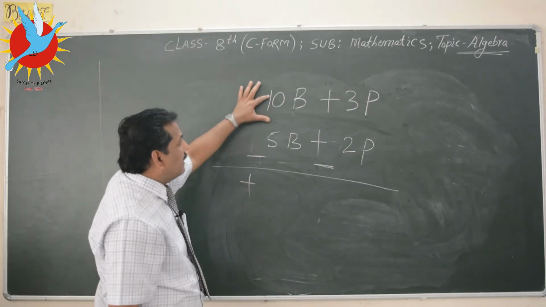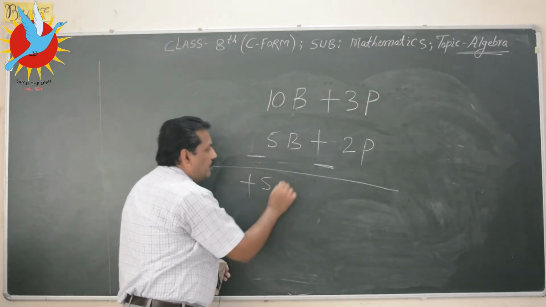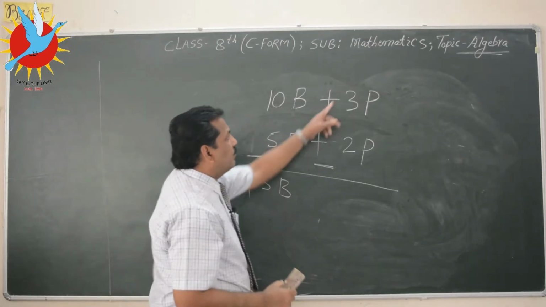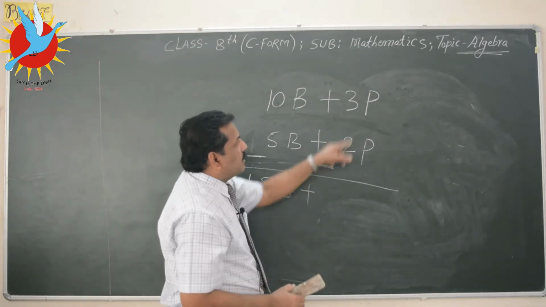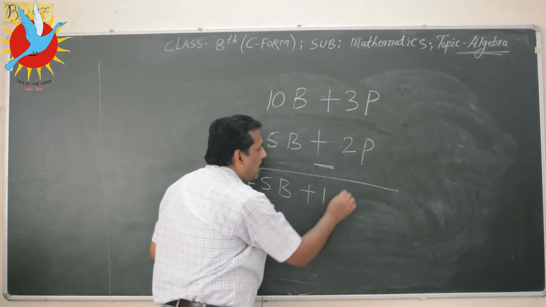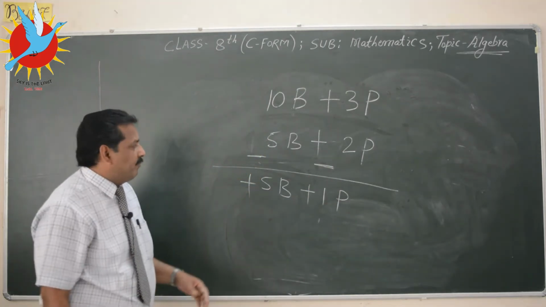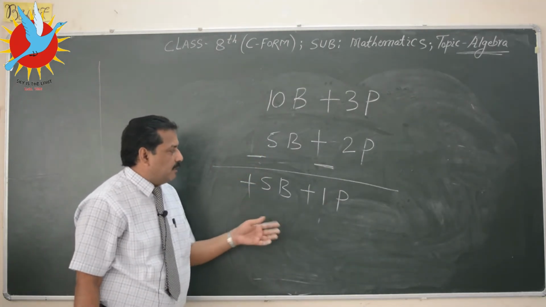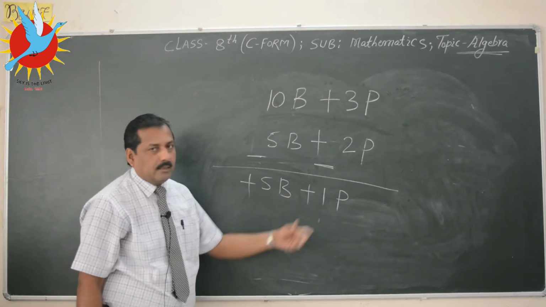And then the difference of these two numbers, that is 5, and that is book. What about this one? Sign of the greater again, this is plus, and the difference of 2 and 3 is 1, and this is P. So the balance number of books and pencils, you are left with 5 books and 1 pencil.